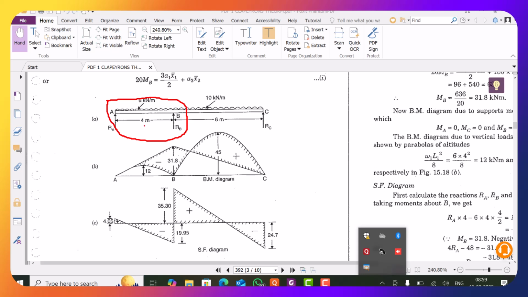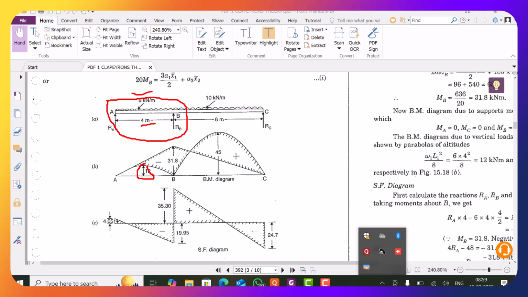As you have studied earlier in mechanics of solids, the simply supported bending moment because of UDL, if you assume 6 kilonewton per meter as load W, will be WL square by 8. So 6 into 4 square by 8 comes to 12 kilonewton meter.